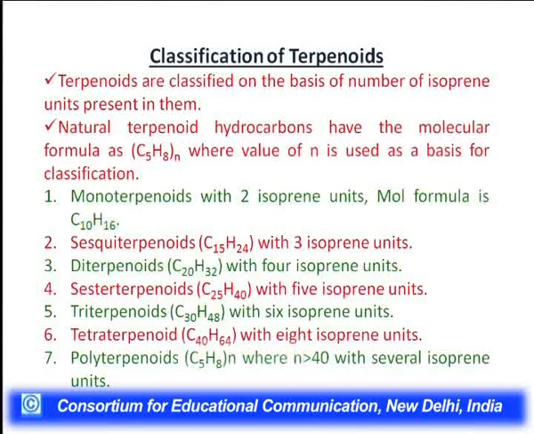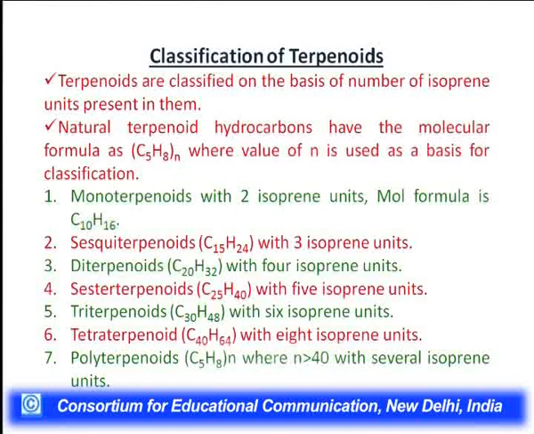Now if it contains 4 isoprene units, the molecular formula will be C20H32 and these will be classified as diterpenes. If it contains 5 isoprene units, it will be termed a sesterterpenoid and the molecular formula will be C25H40. If it contains 6 isoprene units, the molecular formula will be C30H48 and these will be classified as triterpenoids.